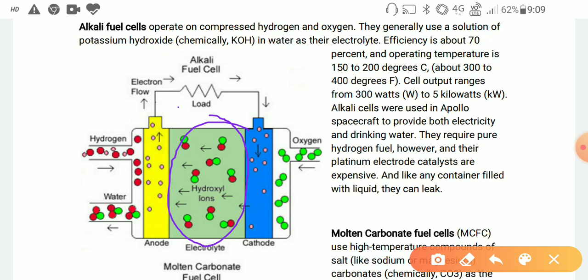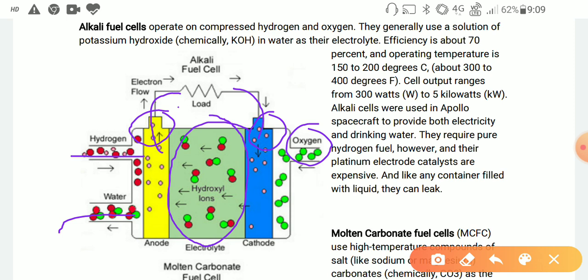The two sides are the anode and the cathode. Hydrogen comes in here and is converted into hydrogen ion and electron. This electron is bypassed here to complete the path at the cathode side, and the cathode side is connected with the oxygen. These combine to form water.